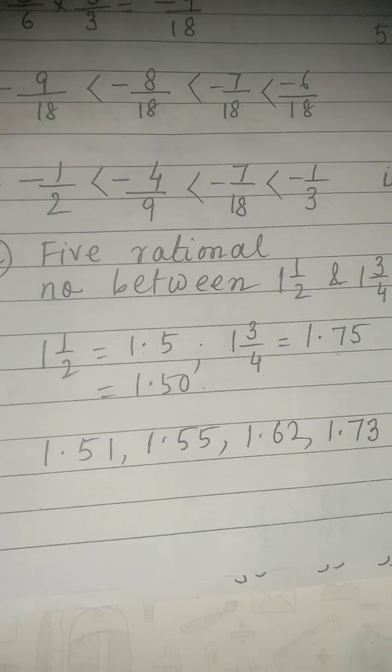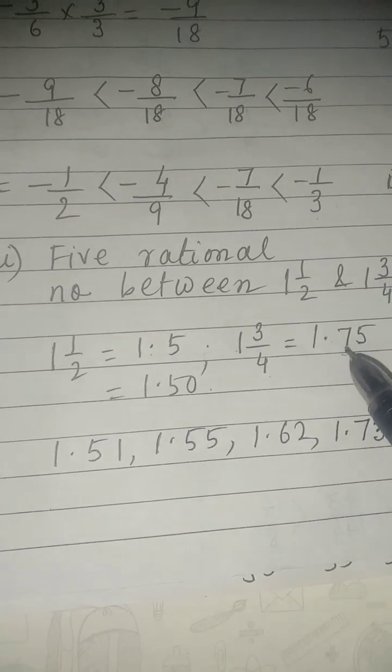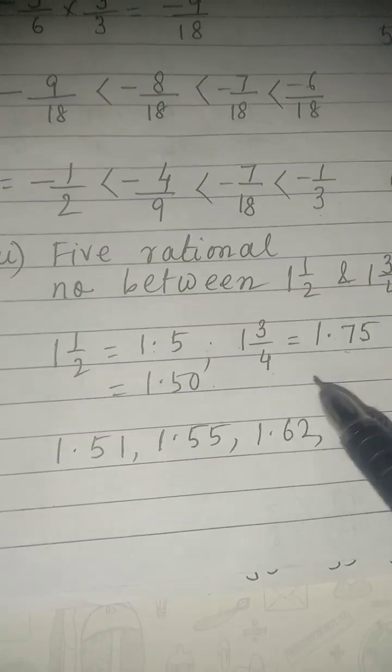The meaning is the same. So between 1.50 and 1.75, there will be 24 rational numbers.